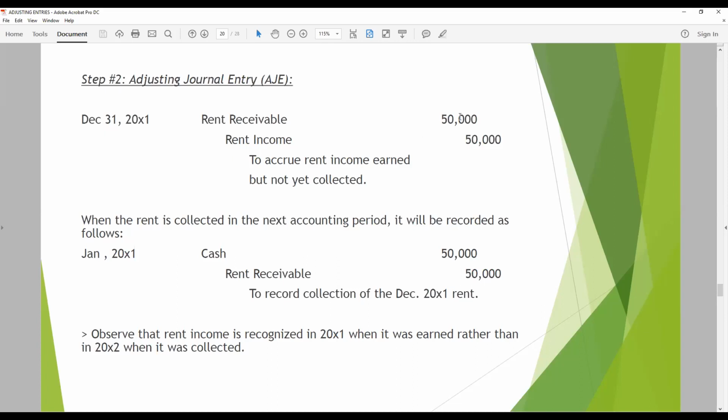So you debit rent receivable, which will be paid next year. When the rent is collected in the next accounting period, it will be recorded as follows. If they paid you in January, debit cash 50,000, credit rent receivable 50,000 to record collection of the December 2021 rent. Observe that rent income is recognized in 2021 when it was earned rather than in 2022 when it was collected.